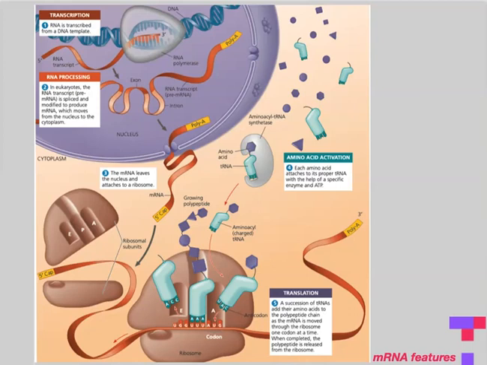When this is completed, the final polypeptide is released from the ribosome. After that, this long chain of amino acids can begin folding into the globular structure that becomes the functional protein.